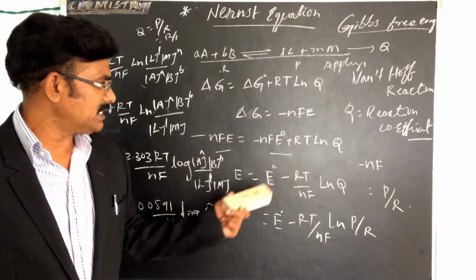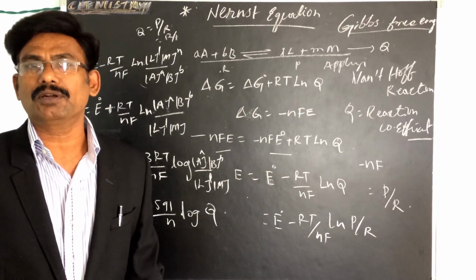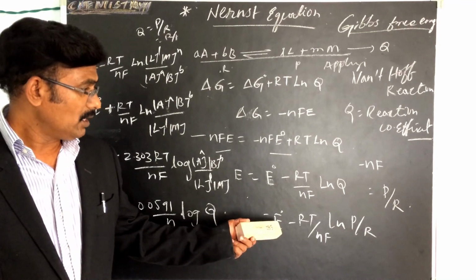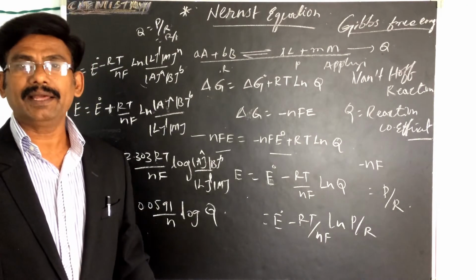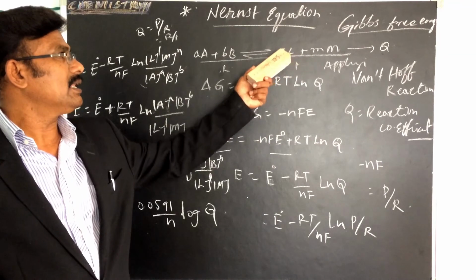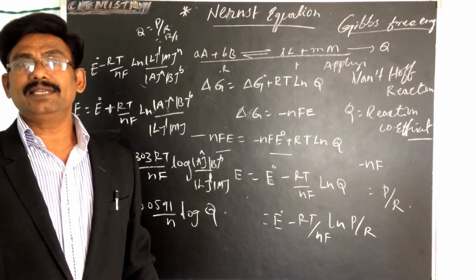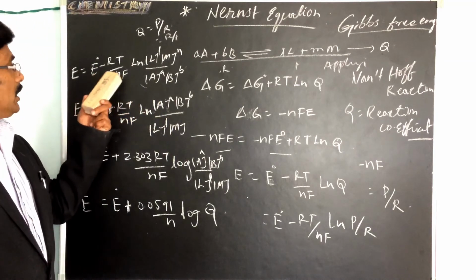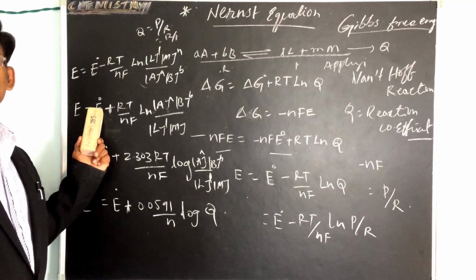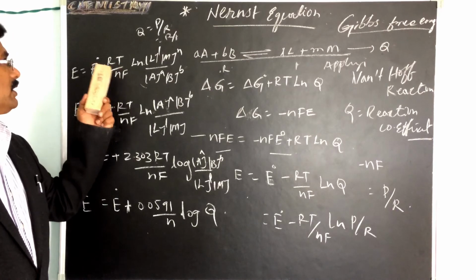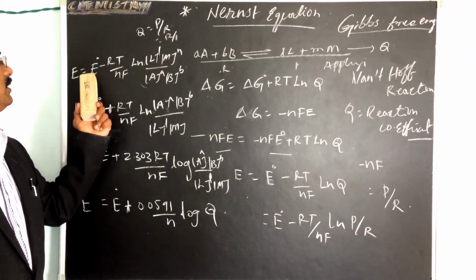Dividing by minus NF, we get E equals E0 minus RT by NF ln Q, where Q is product by reactant, that is L M by A B. Or we can write reactant by product, and we get the plus sign.